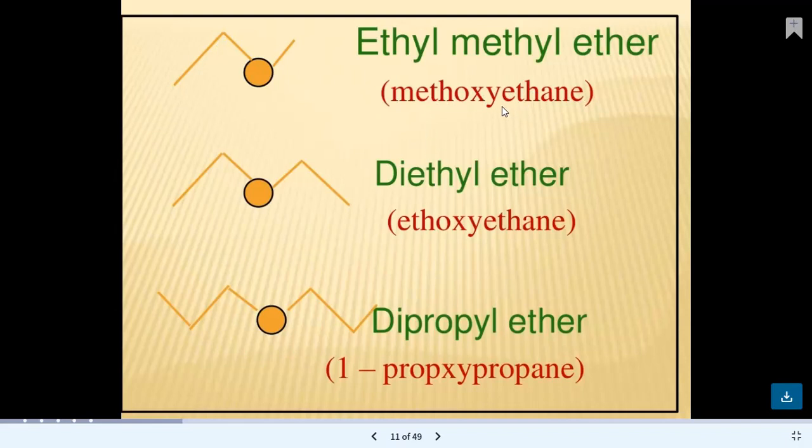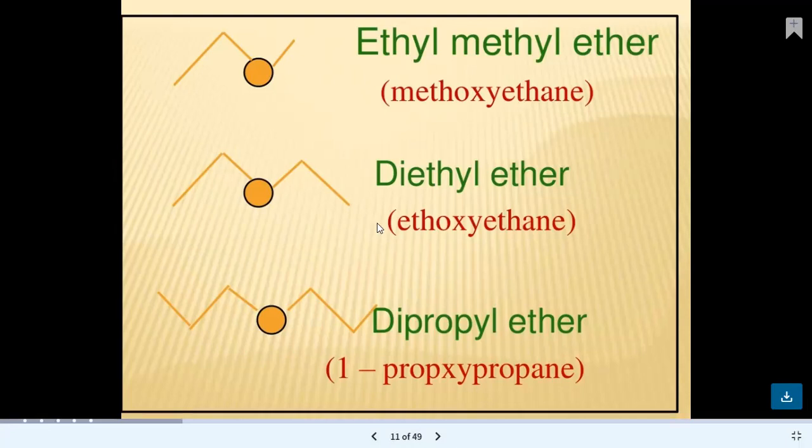So the longest chain is always named at the end, ethane, and then the shortest chain is combined with the oxygen to be called methoxyethane. Is that clear? Did I explain it well? Did you understand?